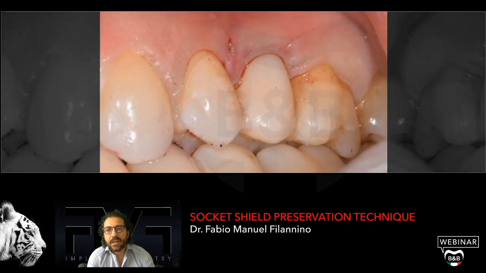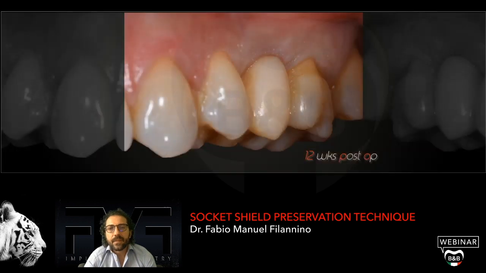These pictures are right after the suture removal, 7 to 10 days later, and after 3 months, this is the situation that we had after the healing of the alveolar socket.